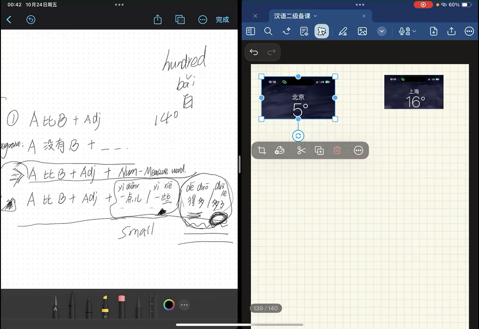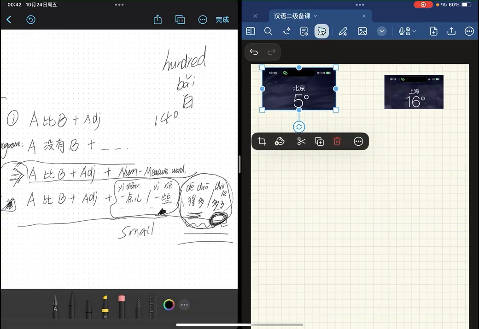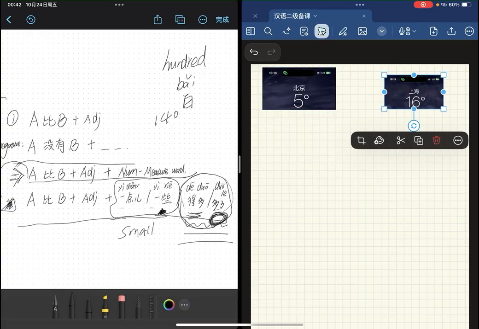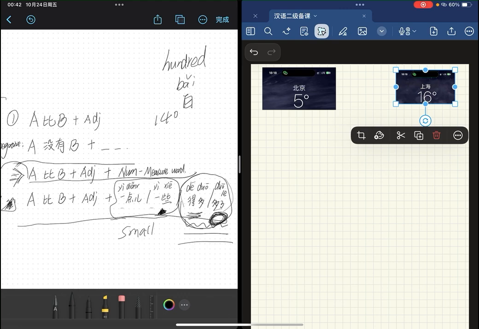Let's see the first one. It's the temperature of Beijing.